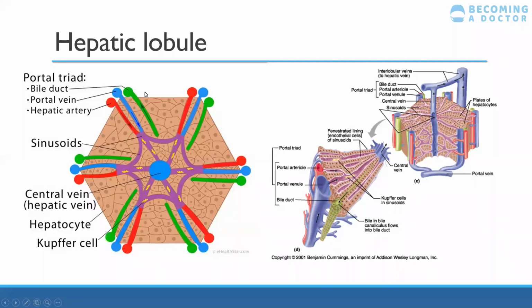The other bile is made by your cholangiocytes, the cells that surround your bile duct over here, which make around 40% of the bile. The important thing to note is that your bile is flowing outwards, whilst your blood in your hepatic portal vein and hepatic artery are both going inwards towards your central vein. I hope that all makes sense.